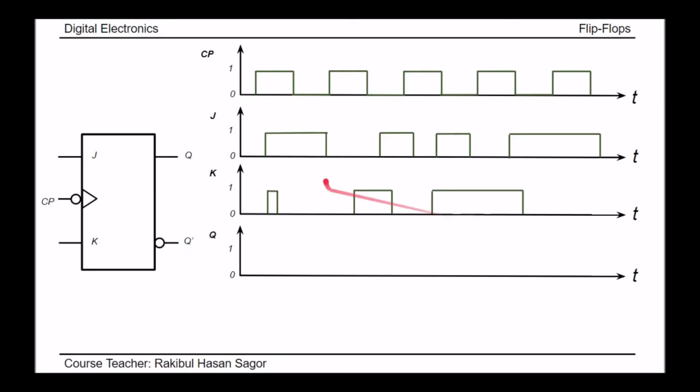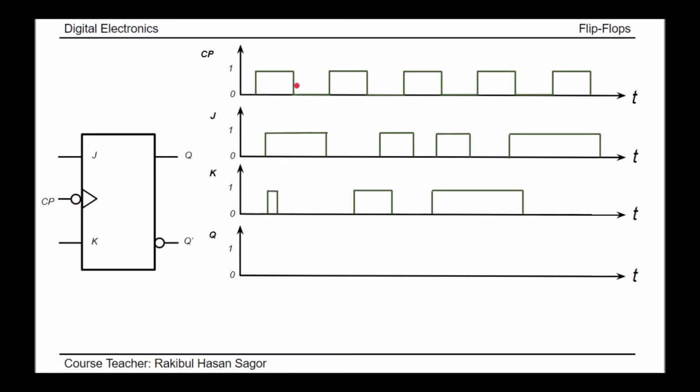Let's draw the output timeline diagram for this JK flip-flop, where we have clock pulse input is this, J input is this, and K input is this. We have time at x-axis and we have the values in the y-axis. From the graphic symbol of this JK flip-flop, we can understand this is negative edge triggered JK flip-flop.